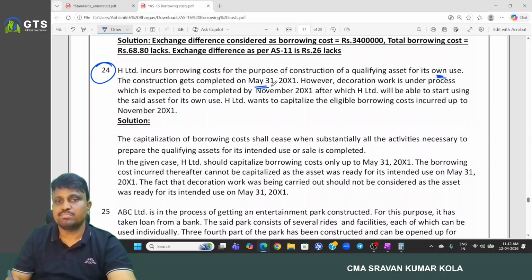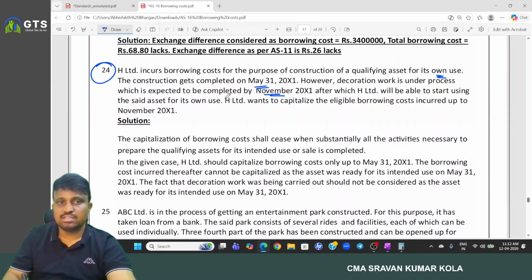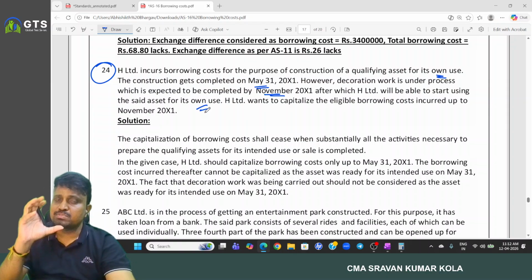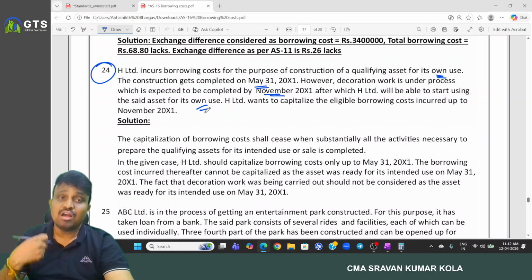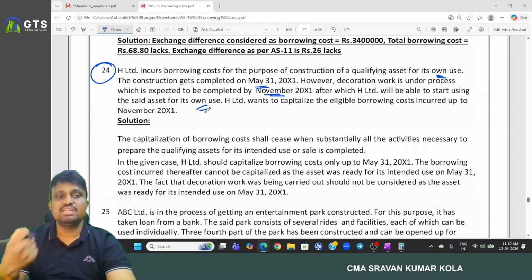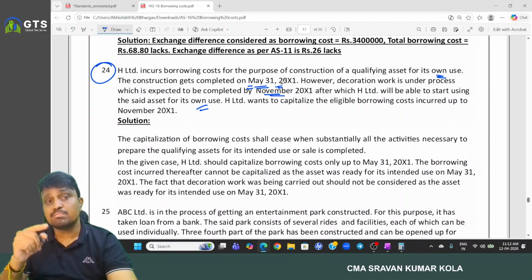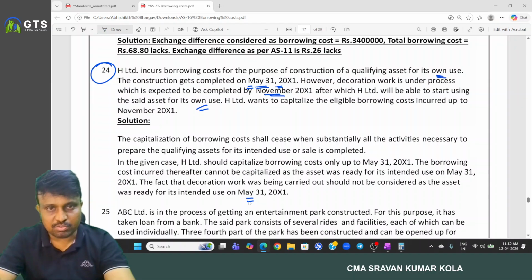The construction was completed by May. However, decoration work is under progress, which is expected to be completed by November, after which H Limited will be able to start using the said asset for its own use. So here, substantially all activities relating to bringing the asset into a condition available for use are completed. Then we will stop the capitalization of the borrowing cost. That was over on 31st May. Even though some minor modifications are pending, we can't consider them. So on 31st May, we have to stop the capitalization of the borrowing cost. Okay.